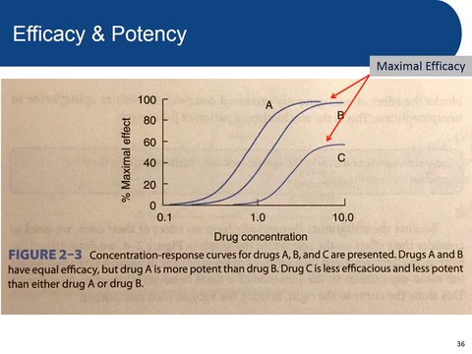If you trace the line back over to the graph, it's probably around 90%. However, if you trace drug C's line back to the left side of the graph, you're looking at maybe 50%. So the maximum possible effect that drug C can have is only 50% of the maximum effect that either A or B can have.